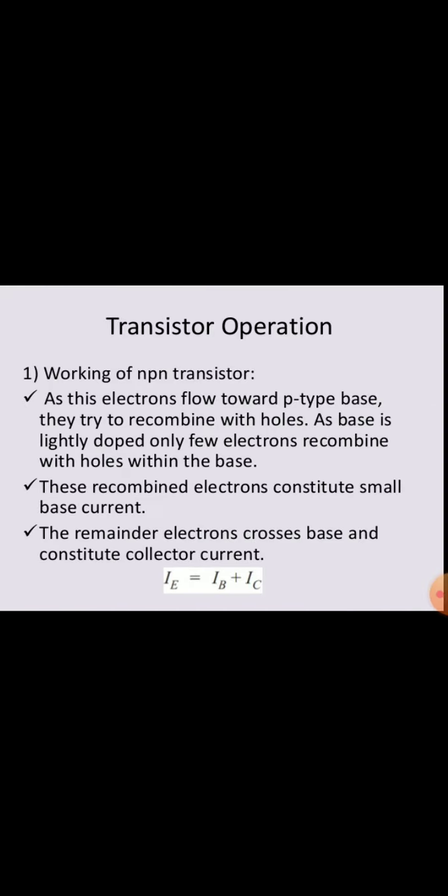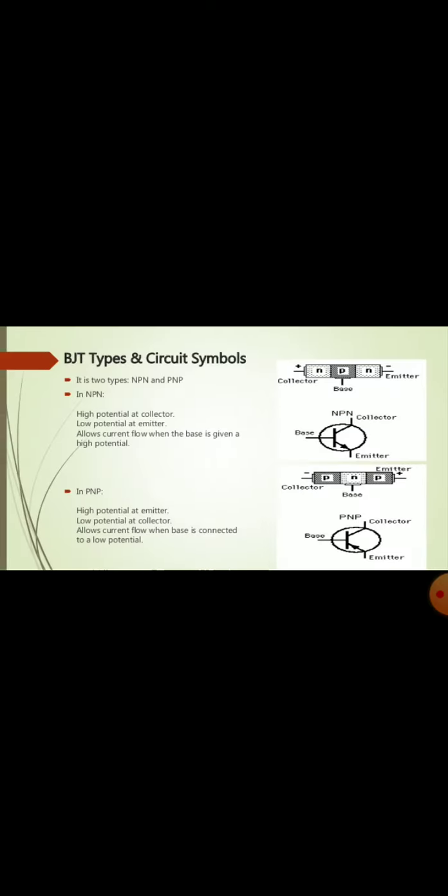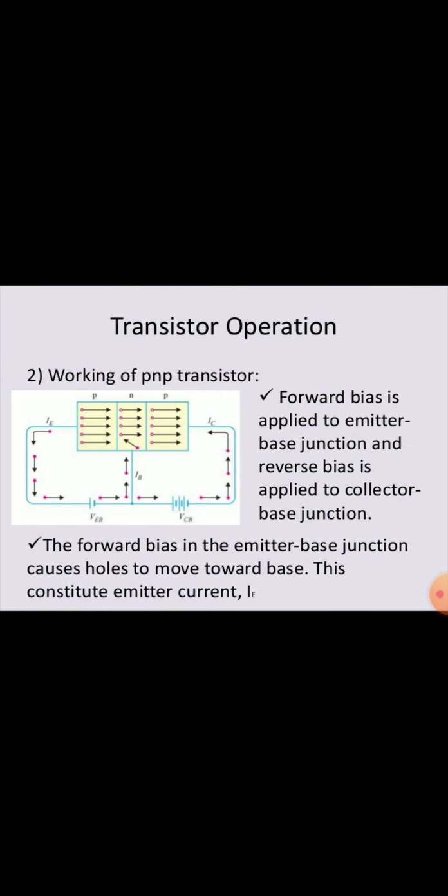What is the working of the PNP transistor and NPN transistor? In the NPN transistor, forward bias is applied to the emitter-base junction and reverse bias to the collector-base junction; this is the main operation. The forward bias causes electrons in the N-type emitter to flow toward the base, which constitutes the emitter current. The electrons flowing through the P-type base tend to combine with holes.